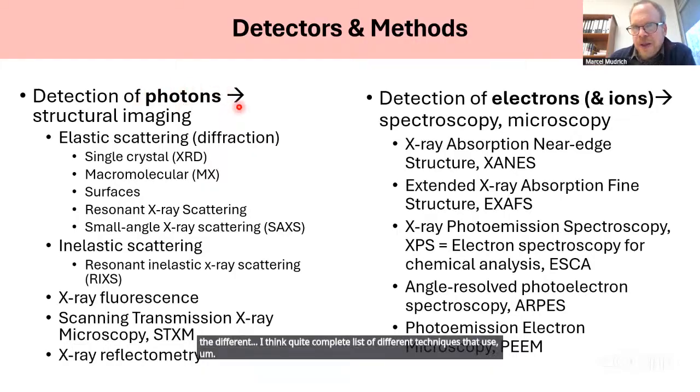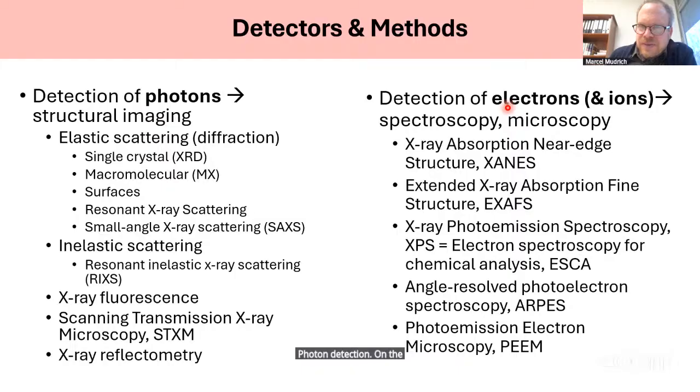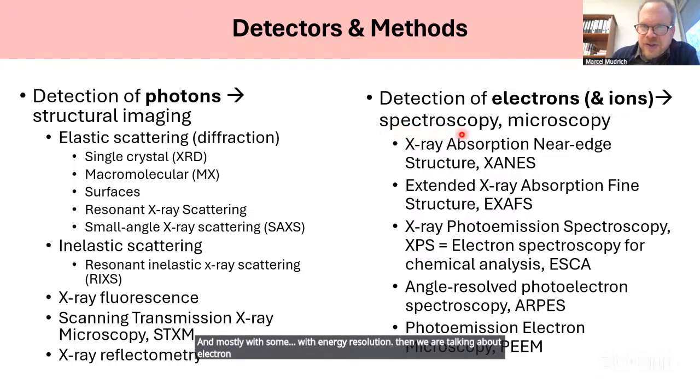This is, I think, a quite complete list of the different techniques that use photon detection. On the other side, we can detect the product of the interaction of X-rays with matter, which is mostly electrons, photoelectrons and other secondary electrons that are produced by X-ray interaction. Also, in some cases, ions. And when you detect electrons, mostly with energy resolution, then we are talking about spectroscopy.